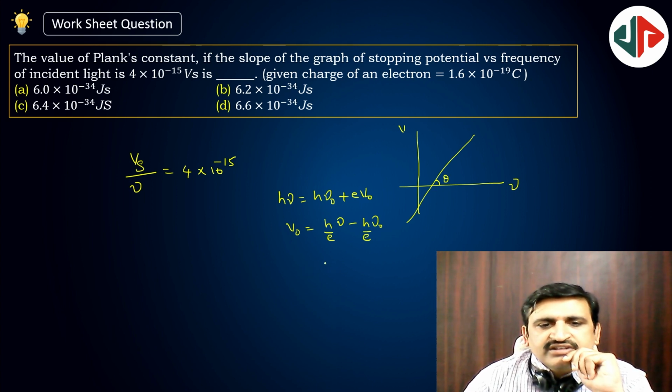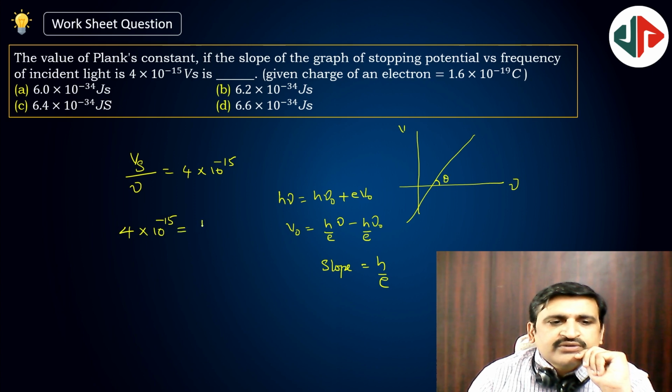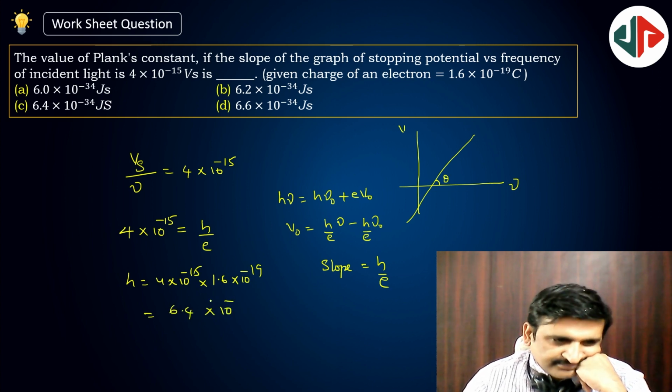So I can equate 4 into 10 to the power of minus 15 is equal to h by e. So h is equal to 4 into 10 to the power of minus 15 into 1.6 into 10 to the power of minus 19. So 4 sixteens are 64 into 10 to the power of minus 34.